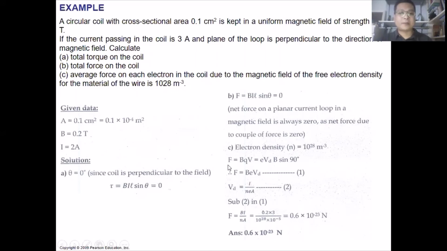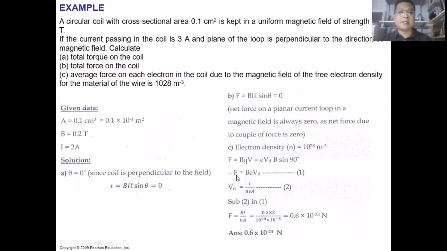Okay, now how to implement F equals BQV. We can simplify F equals BQV because we can replace the current by Q over T, and then Q over L equals the velocity. So we can simplify the formula like this.